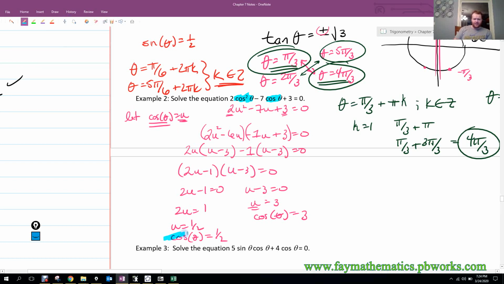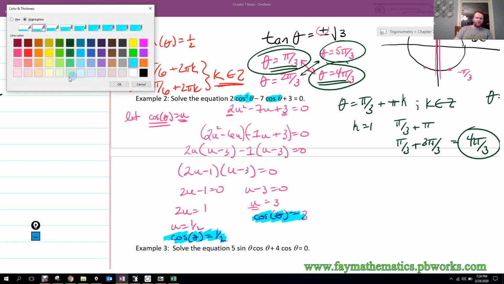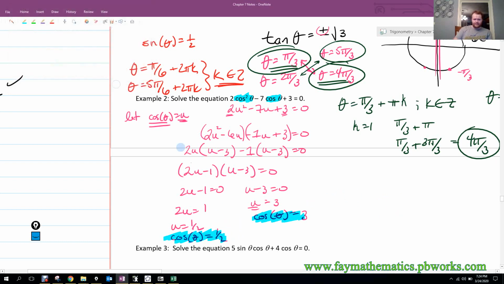So this is what we've been working on in chapter 6. If I had those two things, when is cosine equal to a half? On the unit circle, cosine is equal to a half at theta equaling pi over 3.